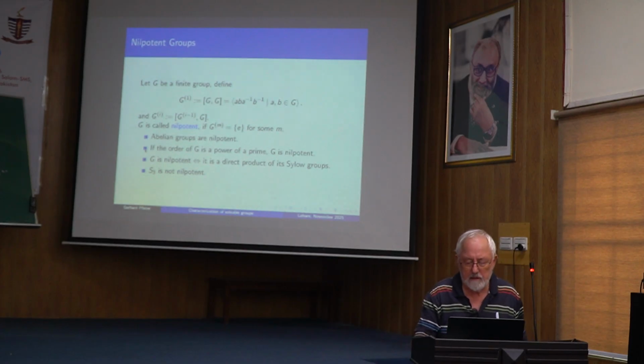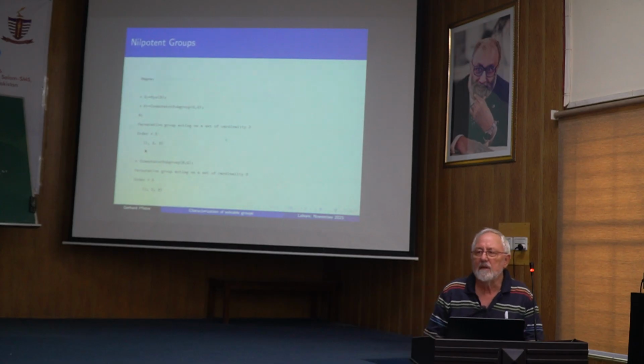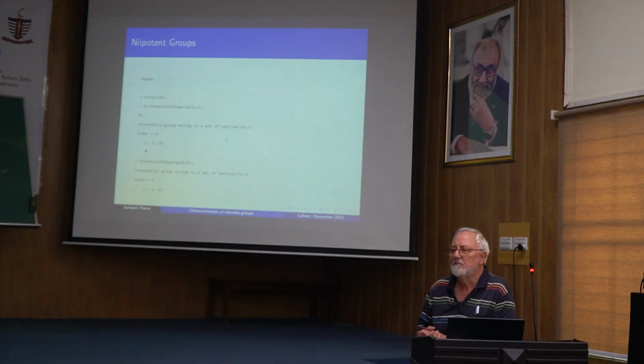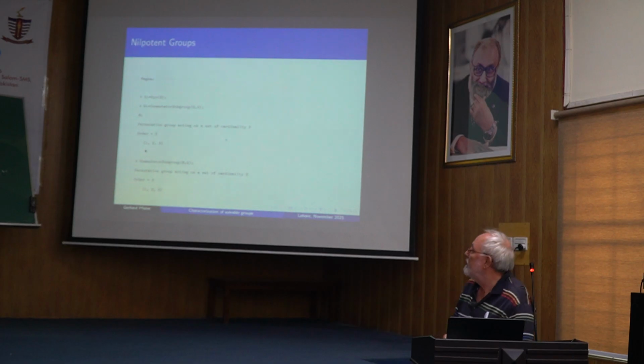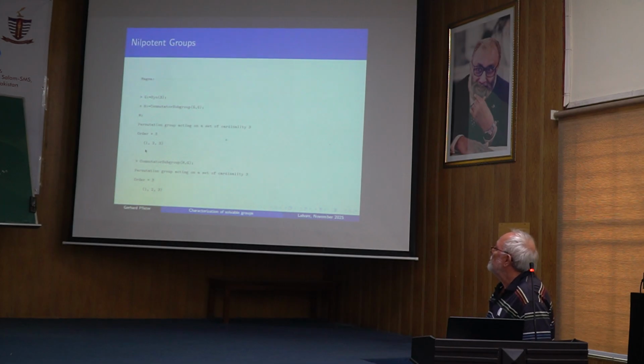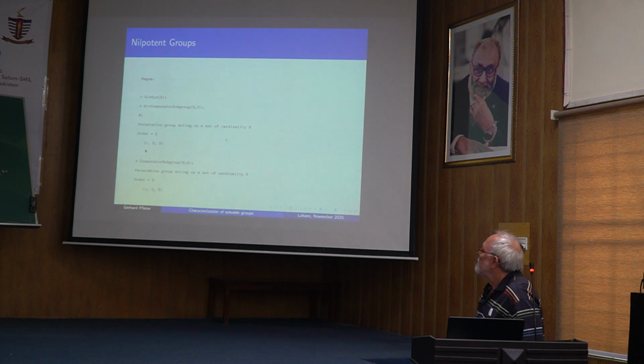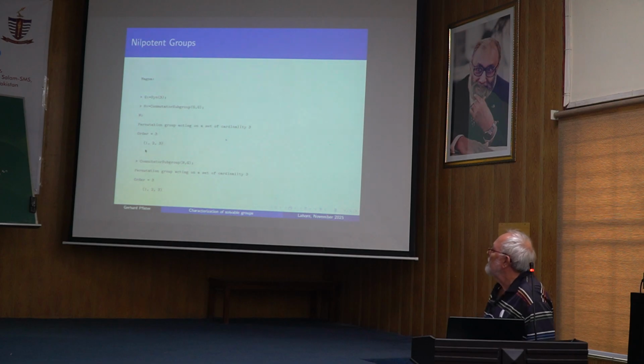So let's have a look at that. You can compute with Magma, for instance. In Magma, you just define G as the symmetric group of 3 elements, and you define H, the commutator group of G and G. Then you obtain a group of order 3.